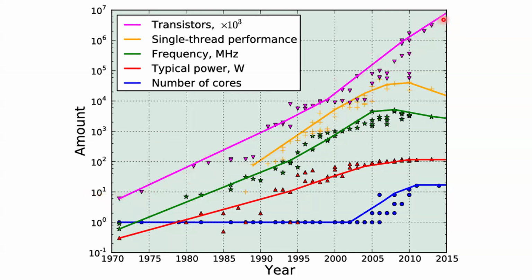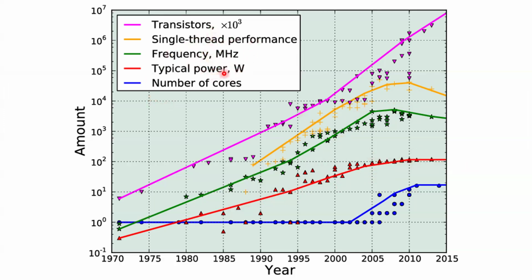It increases by year, but single-threaded performance hits a threshold and it becomes lower by year. The frequency, this is the clock frequency on chip. It also hits the threshold and starts decreasing. Typical power is slightly increasing by year. This is something we don't want.